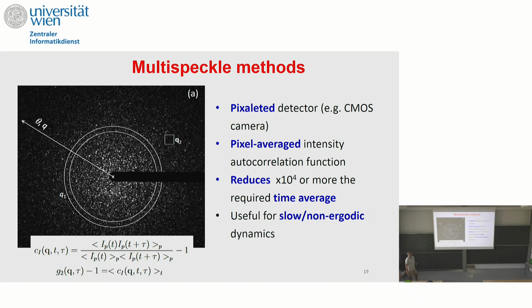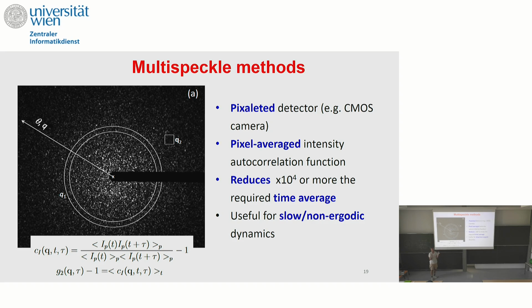So what is the relationship with the usual intensity correlation function G2 minus 1? I have basically averaged a little bit over Q vector, but paying attention to restrict my average to a set of Q vectors that are really very close. So I've not messed up things because I'm not mixing things measured on different length scales.